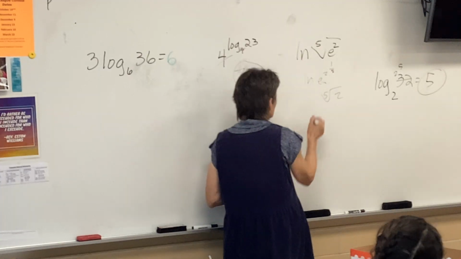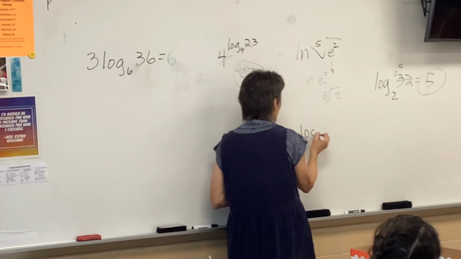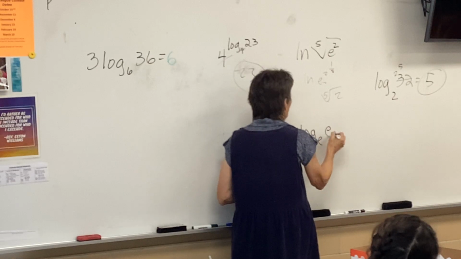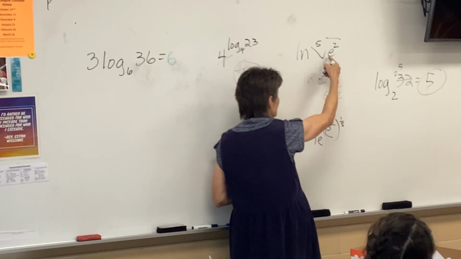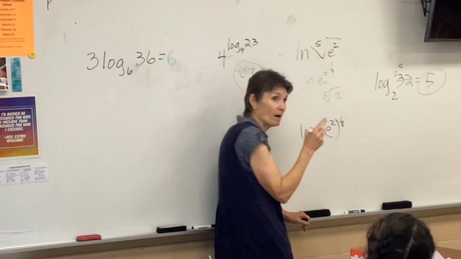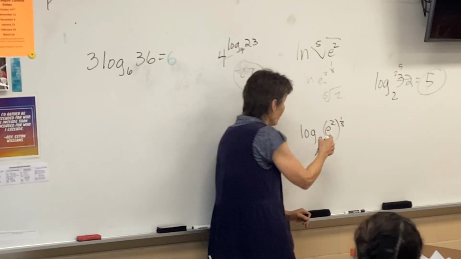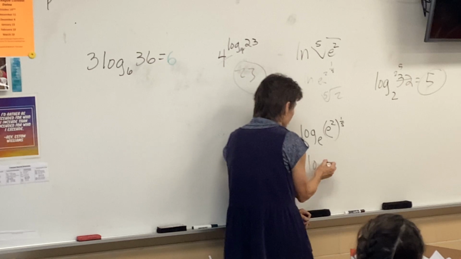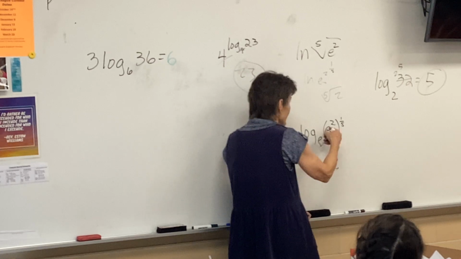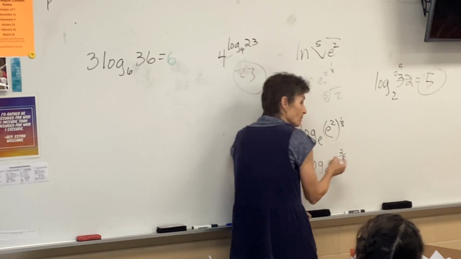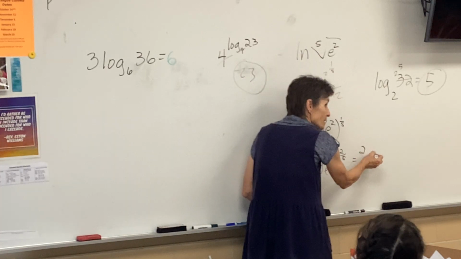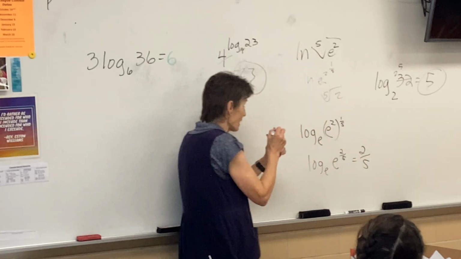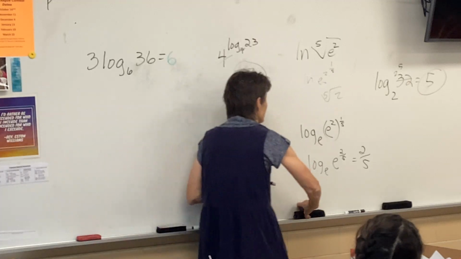They said, we have the log base e of e squared to the 1/5. That's what this is. It's e squared to the 1/5 power. Would you agree with that? What do I do with these exponents? Multiply. So this is e to the 2/5. The log base e of e to the 2/5 is just 2/5. So the answer to that problem would be 2/5.